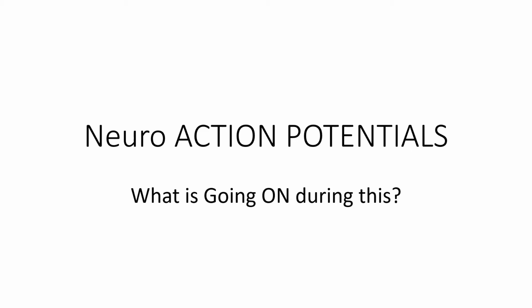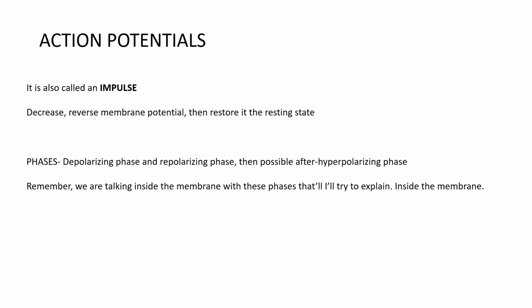Neuro action potentials, what is going on? Action potentials always run down an axon, and they're also known as an impulse. An axon, if you look at the diagram in your textbook of a neuron, is the long tail piece. Just strip it down so that you can picture it in your head without looking at a diagram.